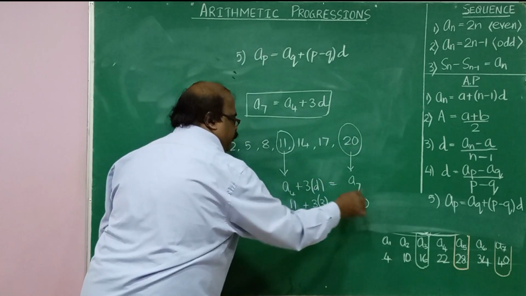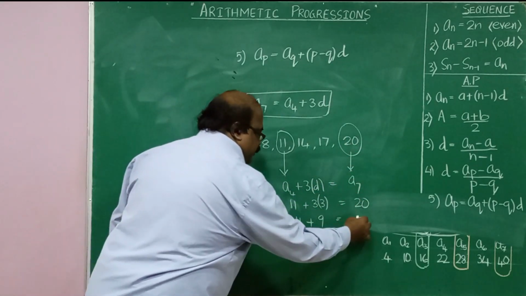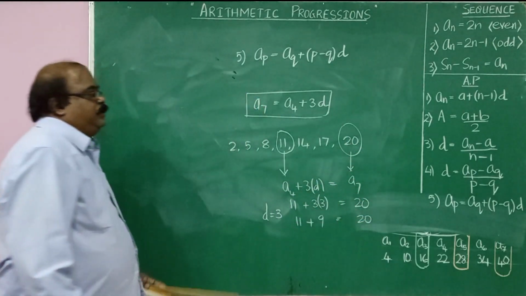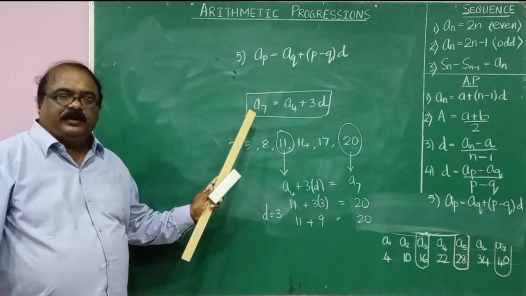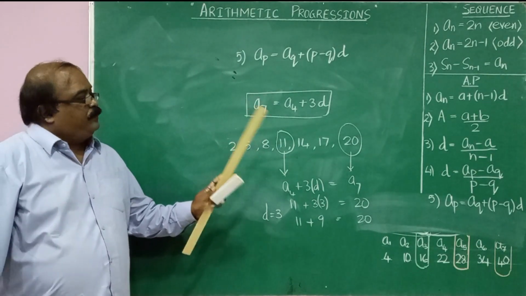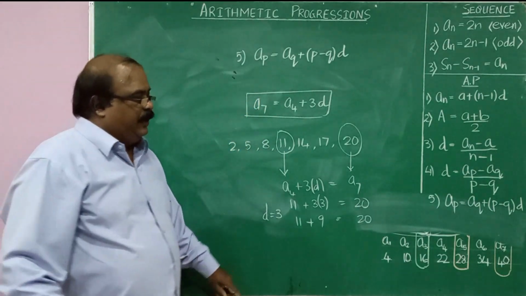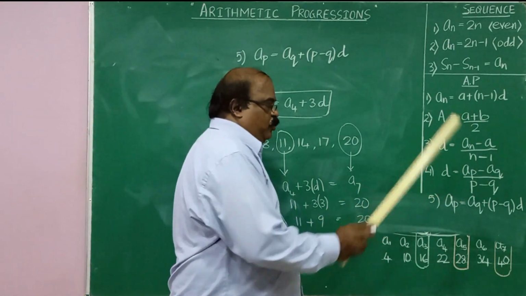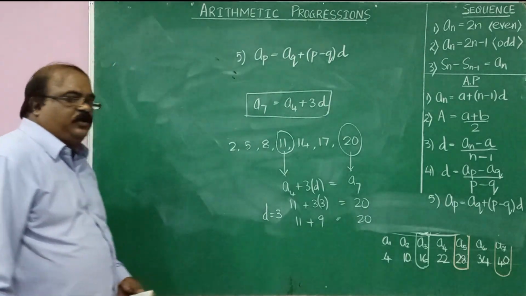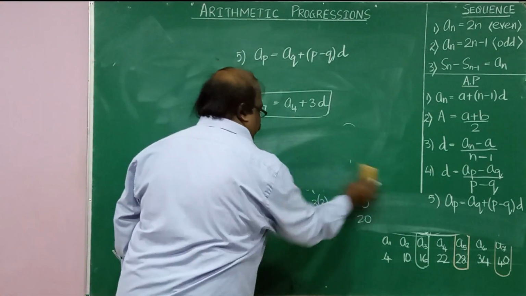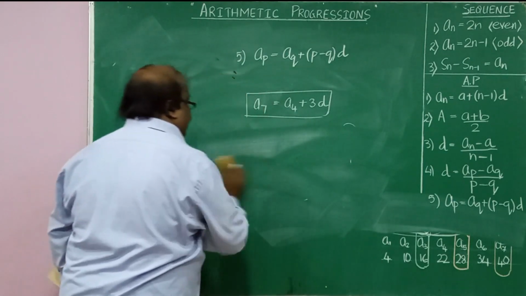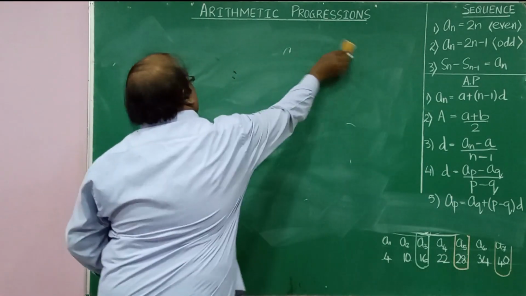What is the seventh term? 20. Is not 11 plus 9 20? Yes. This is formula number 5 for arithmetic progression. What does formula number 5 state? That AP is equal to AQ plus (P minus Q) into D. If you are given a question, now this was a question asked in one of the annual examinations.